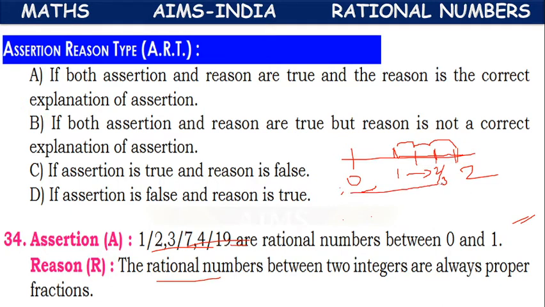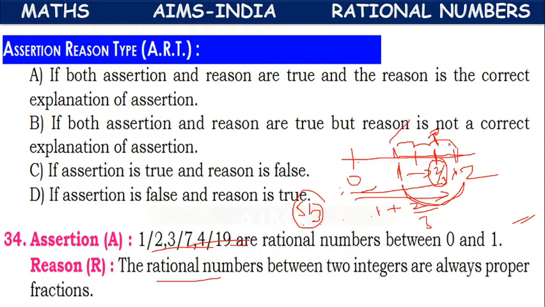But we have to count its value from 0. 0 to 1, the value is 1. Between 1 and 2, its value from 1 is 2 by 3. So 3 plus 2, 5 by 3. So this point on the number line, which lies between 1 and 2, its value is not 2 by 3. Its value is 5 by 3.